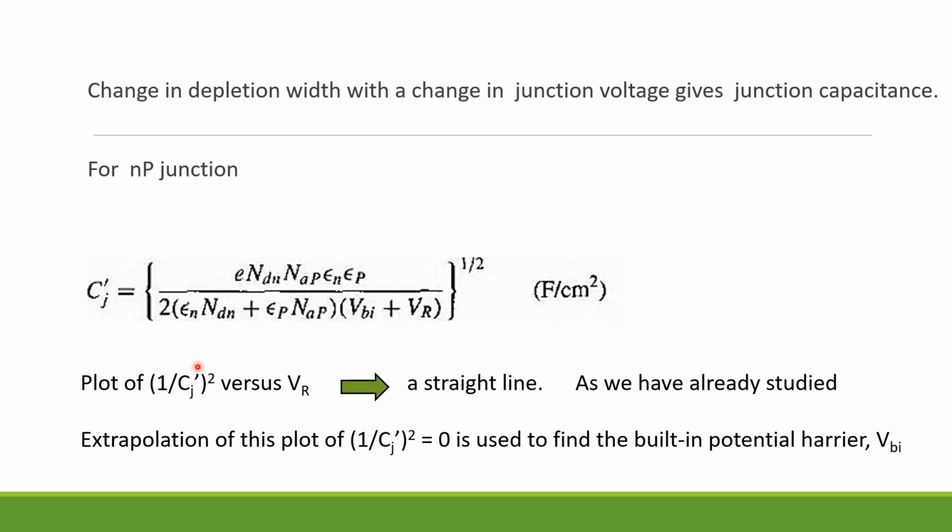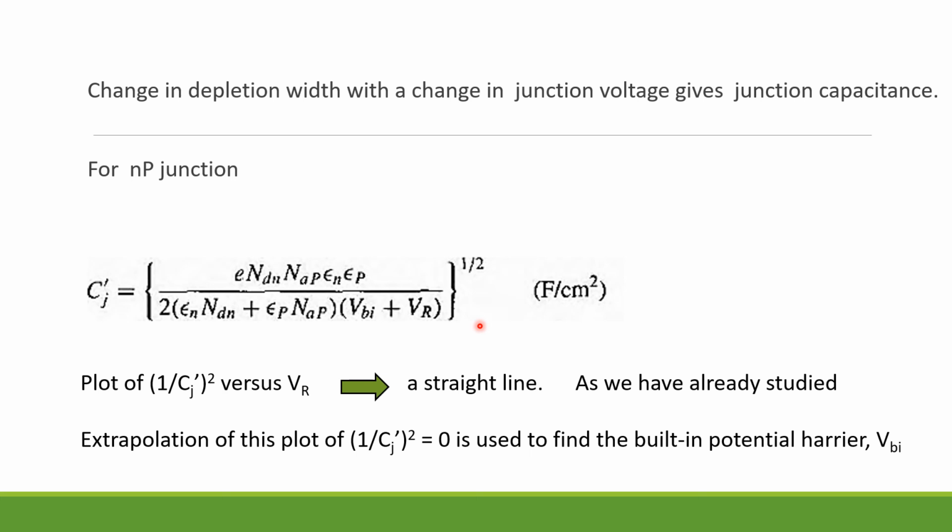So, for an N-capital-P junction, the junction capacitance Cj prime is equal to [q NDN NAP epsilon N epsilon P divided by 2 (epsilon N NDN plus epsilon P NAP)(VBI plus VR)] raised to 1 by 2. And the plot of 1 by Cj prime whole square versus VR is a straight line.